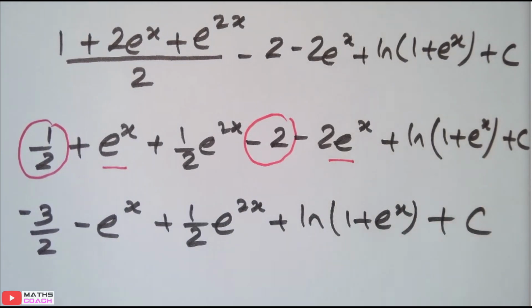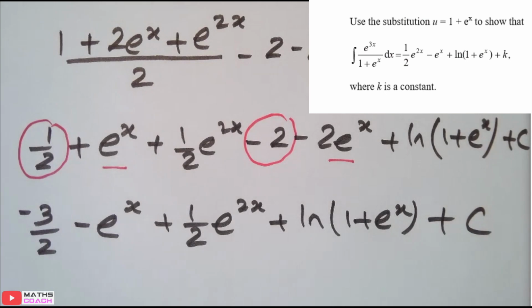Now let's just stop for a bit and look at the proof that we need to get. If you look at the question and the right-hand side, we know we're on the right track because we've got a half e to the 2x there, and we've also got the ln of 1 plus e to the x. We've also got the minus e to the x there. So all we need to think about is our constant. We're actually nearly there.